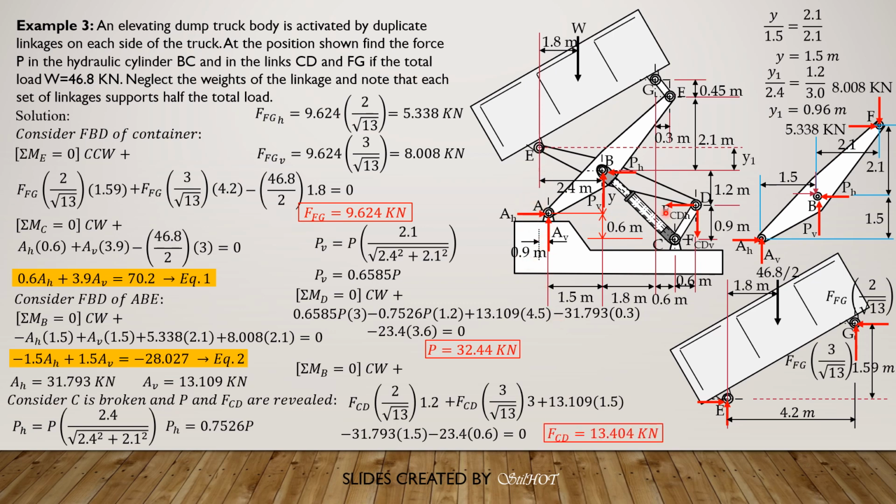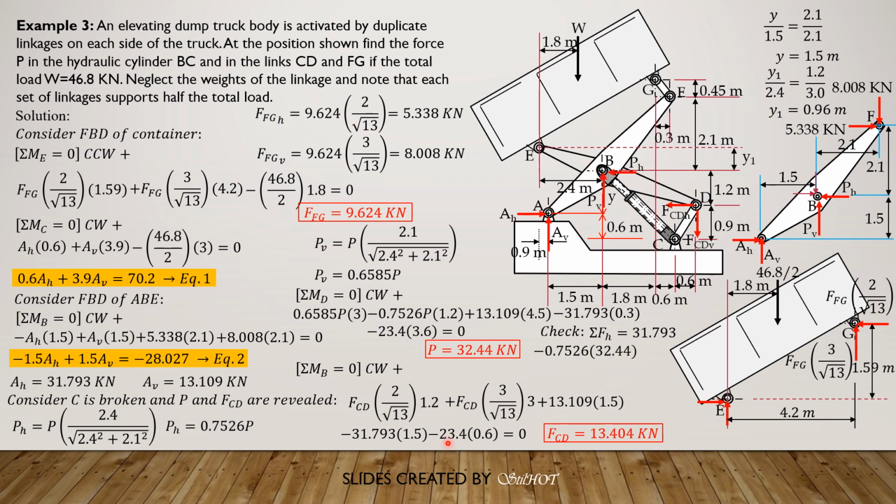So EH is counterclockwise, so minus EH, 31.793 times Y, which is 1.5, plus A vertical, because it is clockwise, 13.109, moment arm is 1.5, then minus AH, 31.793 times 1.5, then minus the weight, moment arm is 0.6 because 2.4 minus 1.8 is 0.6.